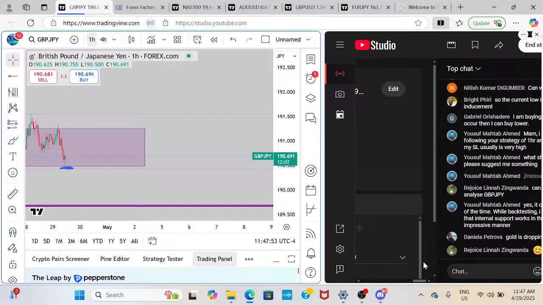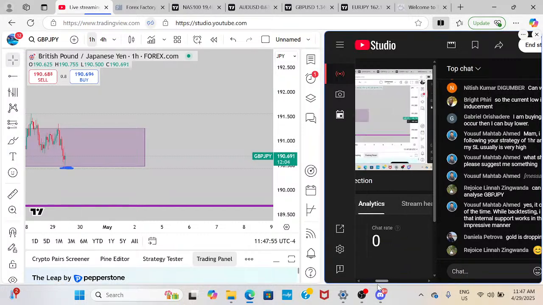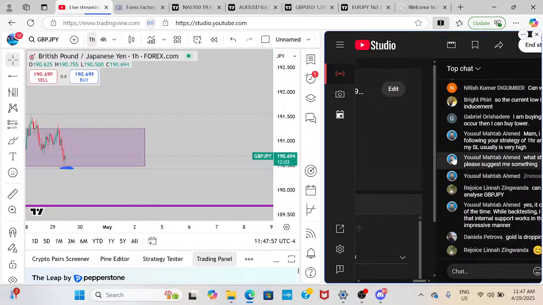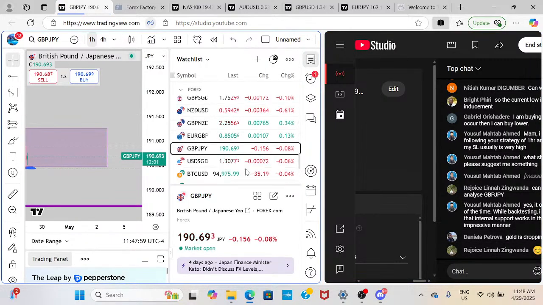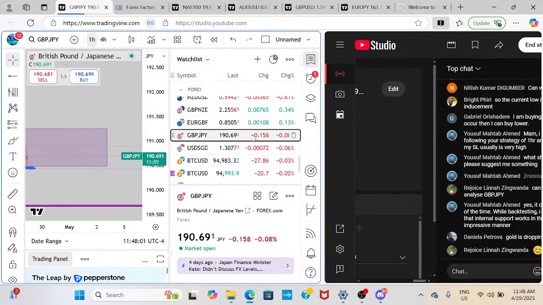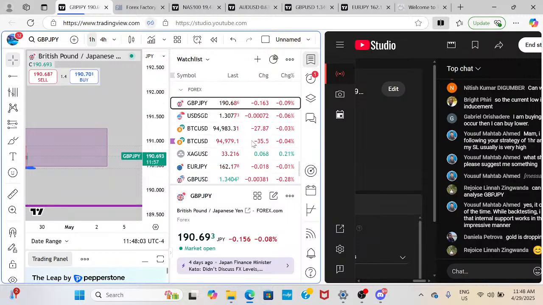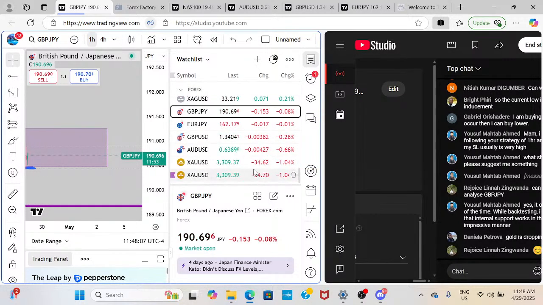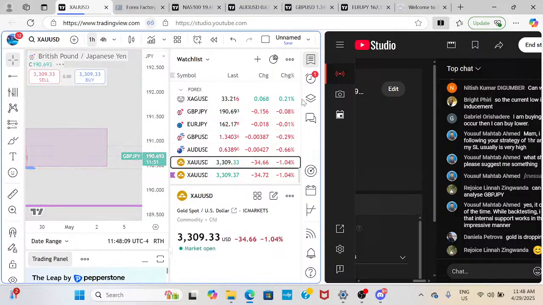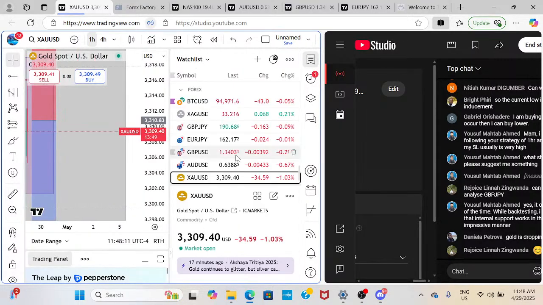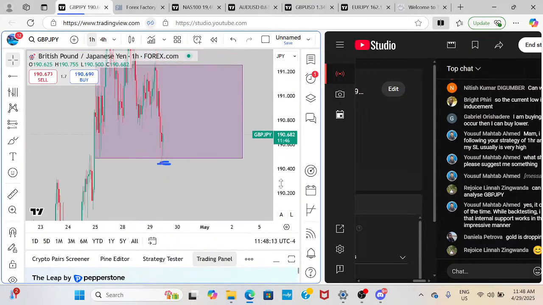Okay, gold is dropping. Yeah, as expected. I'm going to bring this pair down so I can monitor it to see what happened, whether the analysis played out or not.